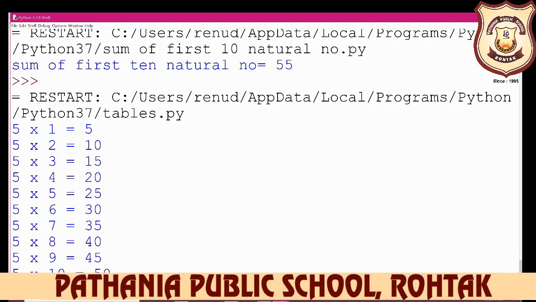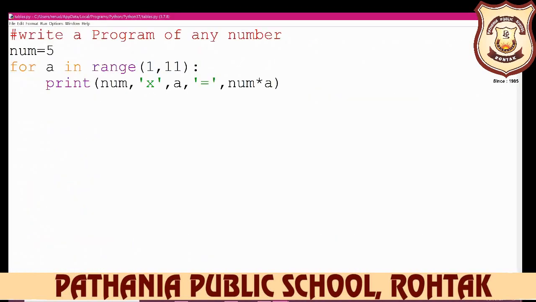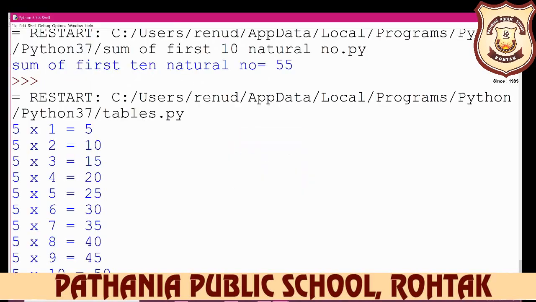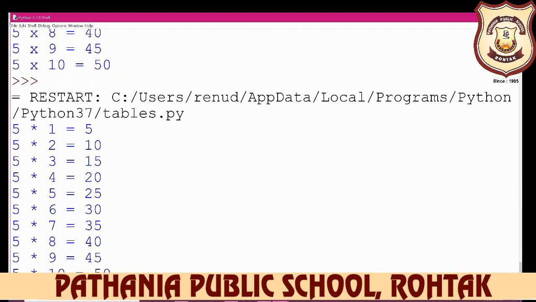Instead of this x, you write a star here, so only one change is there. Okay, then again save this program, run it. Now you see instead of x, here star will be displayed.